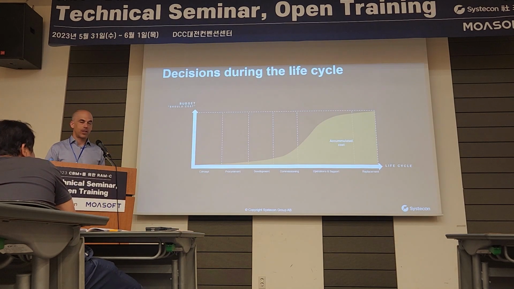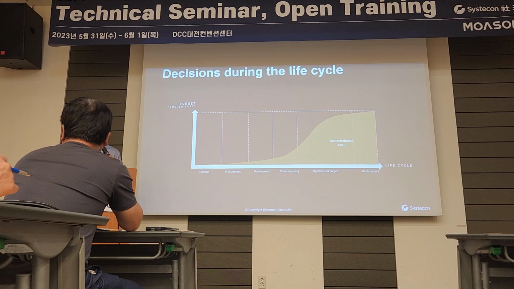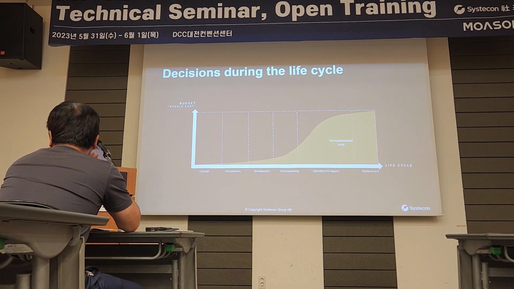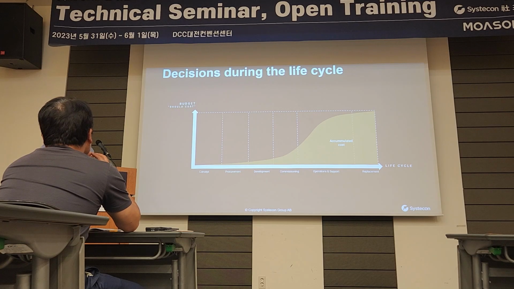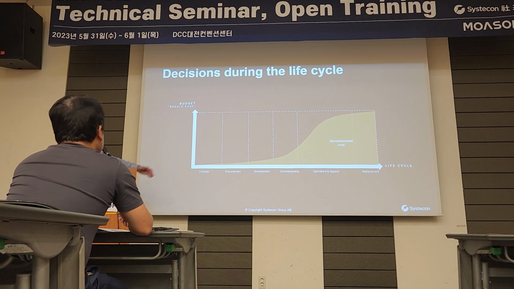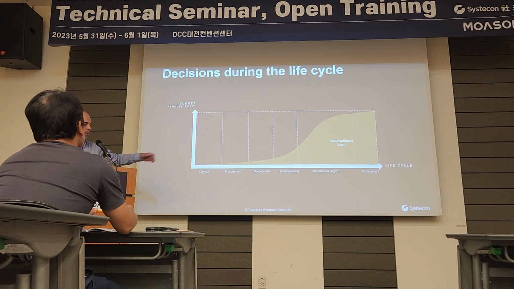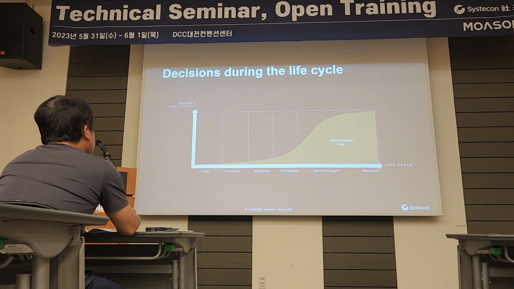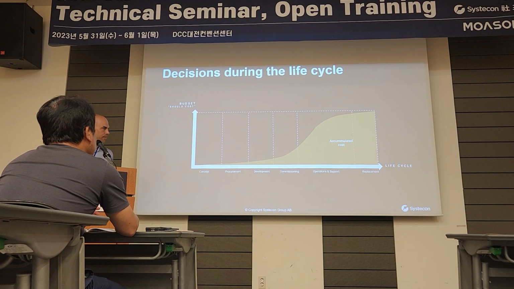This is also a picture that we love to show and talk about, because it is quite important to have this insight. We have the life cycle phases: concept, procurement, development, commissioning, operations and support and replacement of a program.